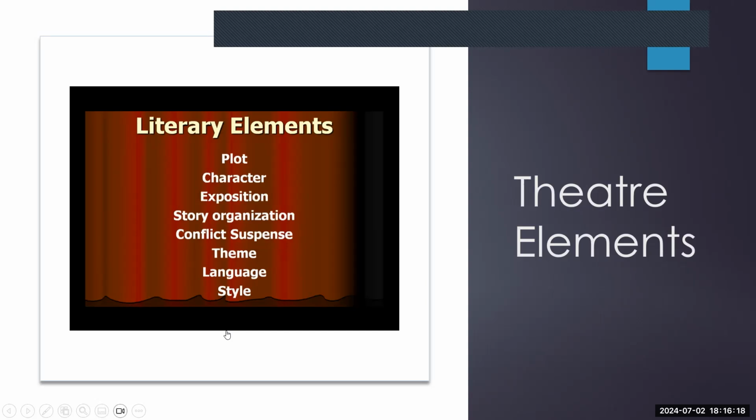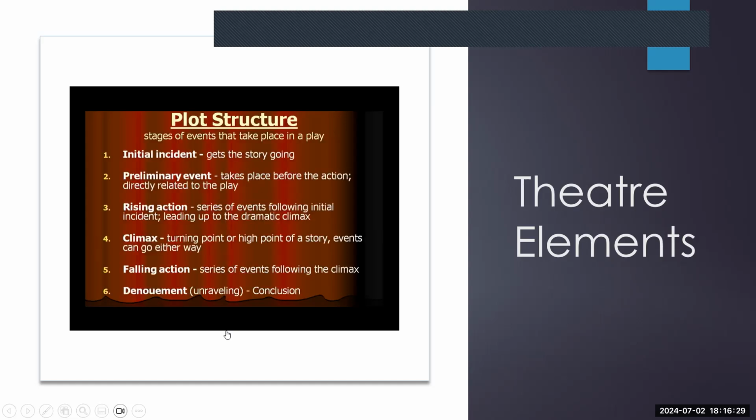Literary elements include plot, character, exposition, story organization, conflict, suspense, theme, language, and style. Plot structure refers to the stage of events that take place in a play. It starts with an initial incident, which gets the story going. It moves on to the preliminary event, which takes place before the action, directly related to the play.